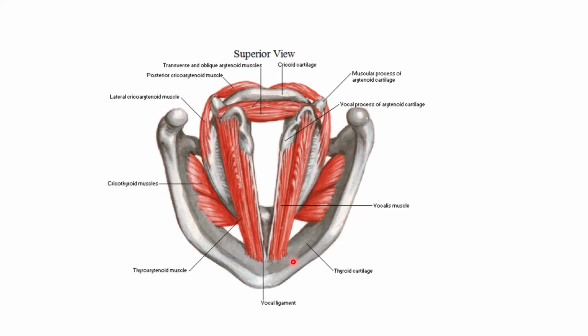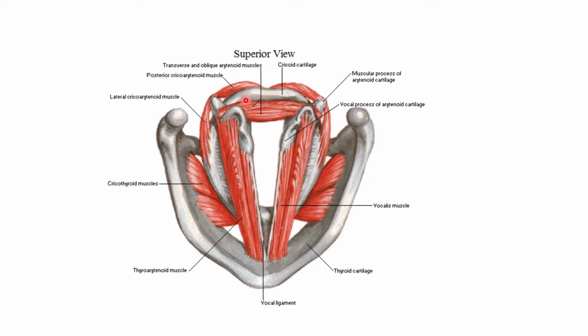This is the superior view of the interior of the larynx, where this is the cavity of the larynx. Anteriorly we can make out the thyroid cartilage over here, the angle of the thyroid cartilage, the two laminae of the thyroid cartilage, the horns of the cartilage, the superior horn.